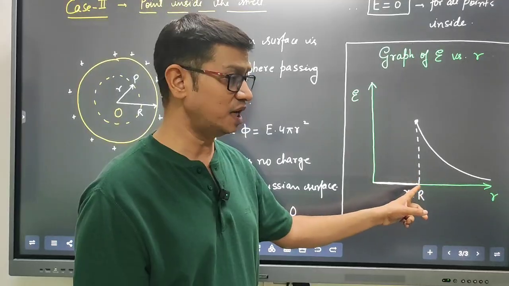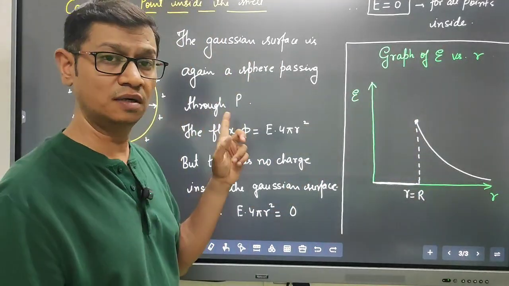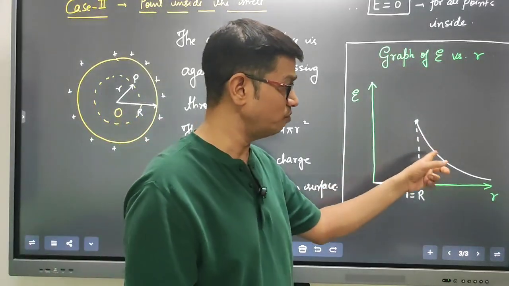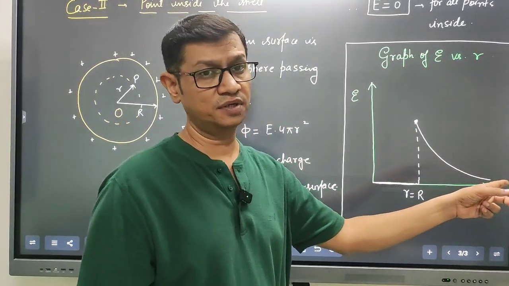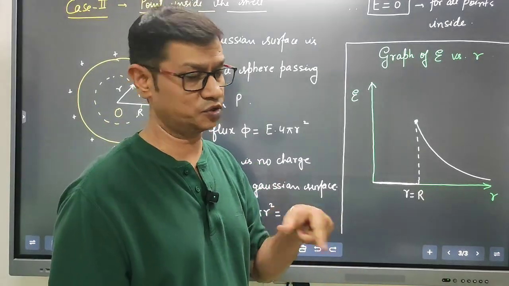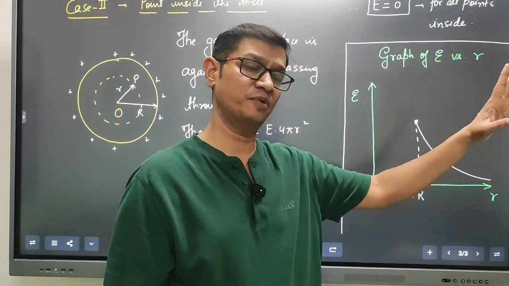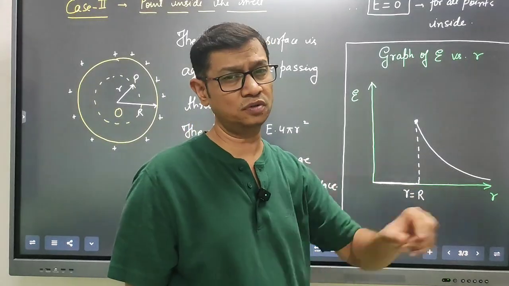But the moment you touch R, the electric field would be Q upon 4 pi epsilon naught R square, and from there onwards it will reduce, because it is an inverse square relation, Q upon r square. So it will reduce like this. If you go very very far from the shell, the electric field will approach 0.